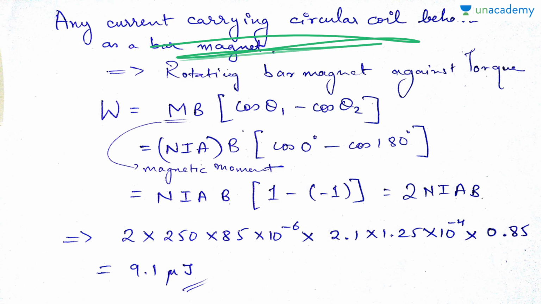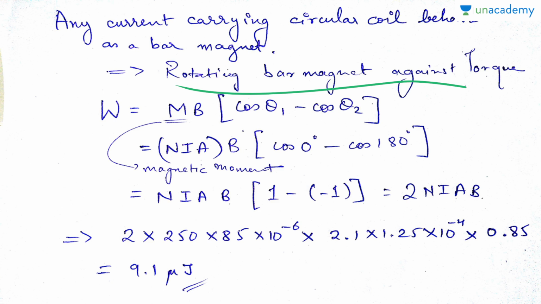So what is the formula for the work done in rotating a bar magnet against a torque? That is mB cos theta 1 to theta 2. If you are rotating it, the work done is equal to mB into (cos theta 1 minus cos theta 2). We know the value of m, the magnetic moment, that is NIA.